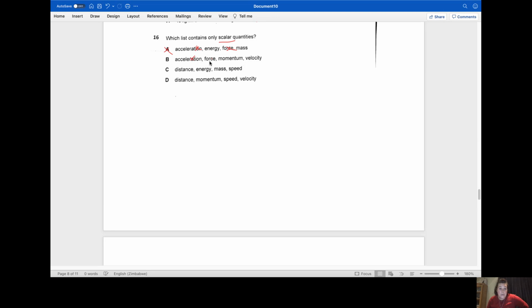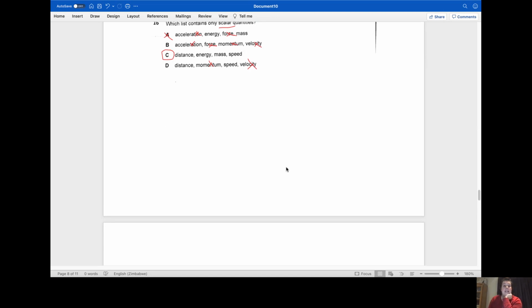You've got acceleration, force, momentum, and velocity. Those are all vectors. C, you've got distance, energy, mass, and speed. Those are all scalars. It's not D because, again, momentum and velocity are vectors. So your answer for number 16 should have been C.